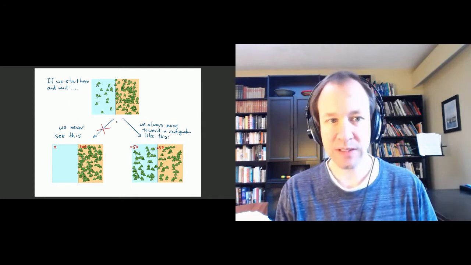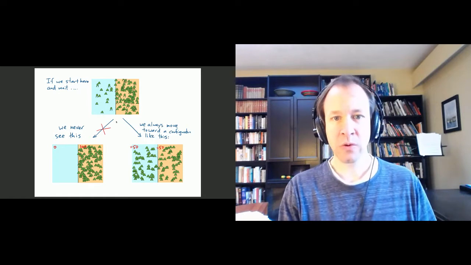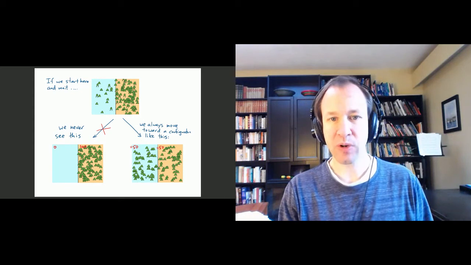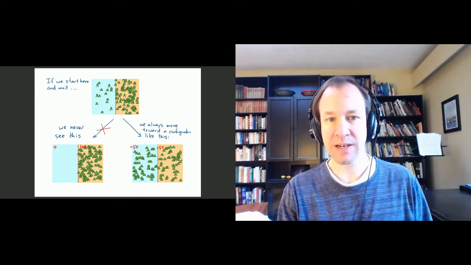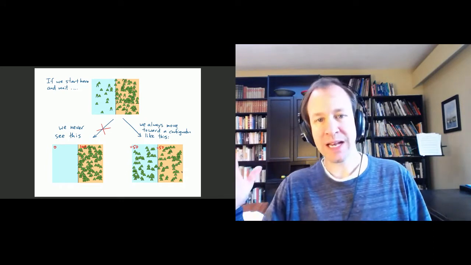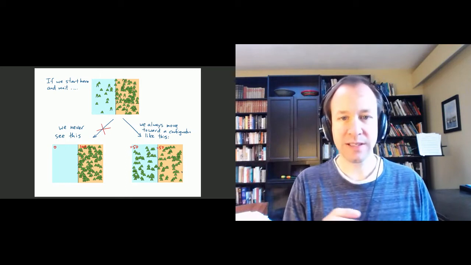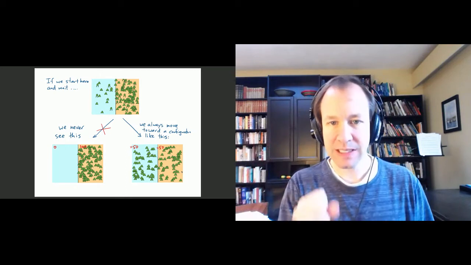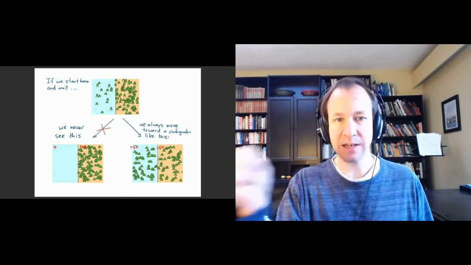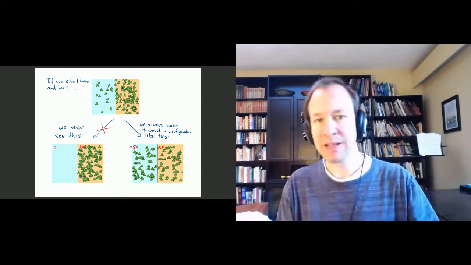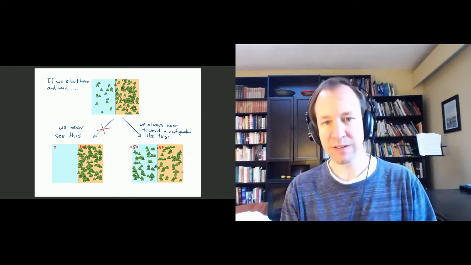Every single time, if we wait long enough, it tends to the situation where you have an approximately equal number of frogs on the left and the right. So we always see a net flow of frogs from the higher concentration to the lower concentration, even though the individual frogs are moving around randomly. It's possible that they could end up moving all to the right.